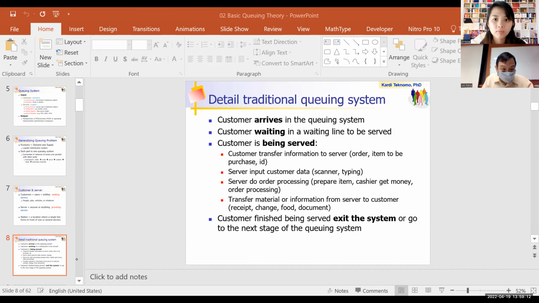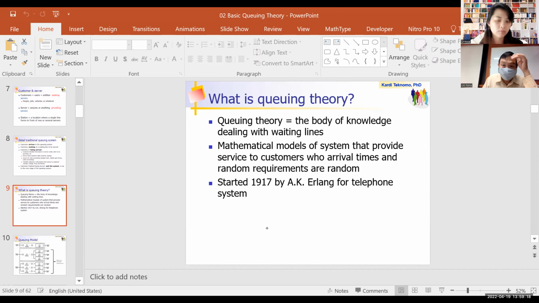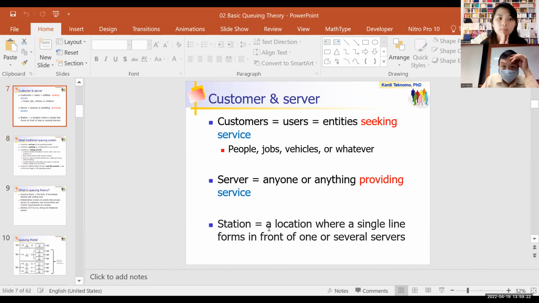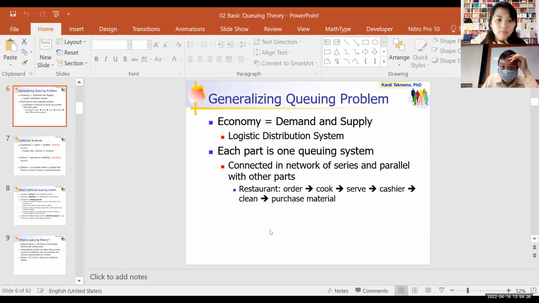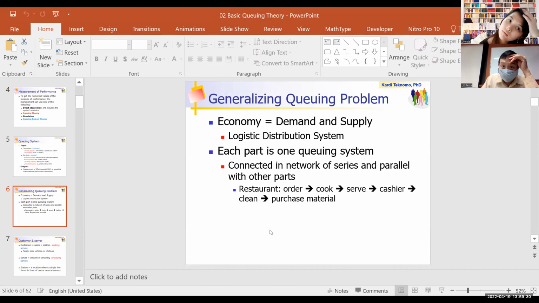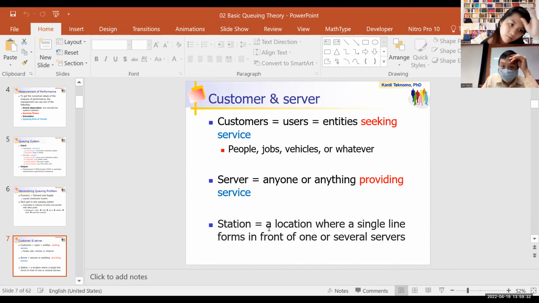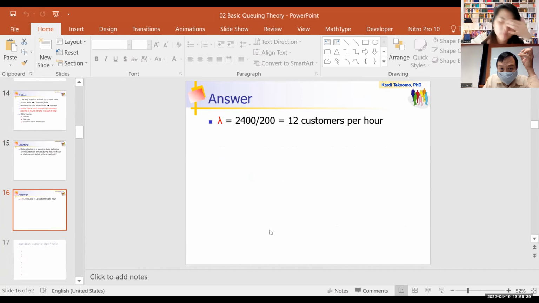Okay. So what happened is I'm trying to generalize the queuing system into these two. Okay. Basically, where is my definition of queuing?